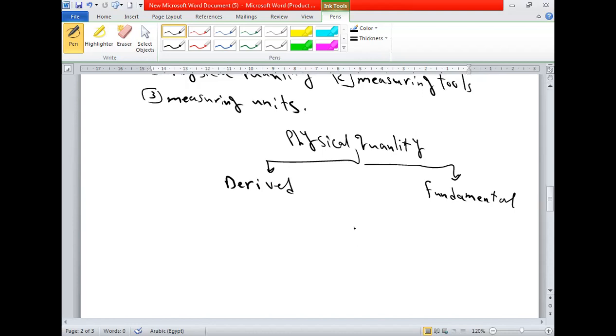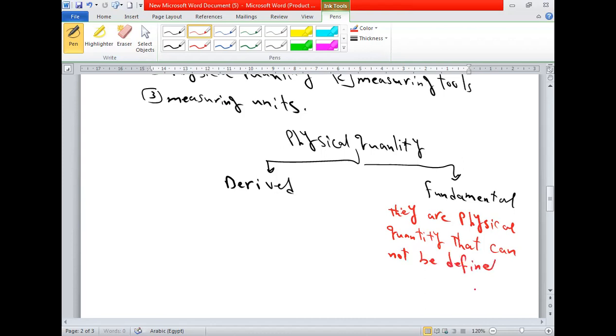Fundamental, they are physical quantities. The definition of fundamental is they are physical quantities that cannot be defined in terms of other physical quantities.